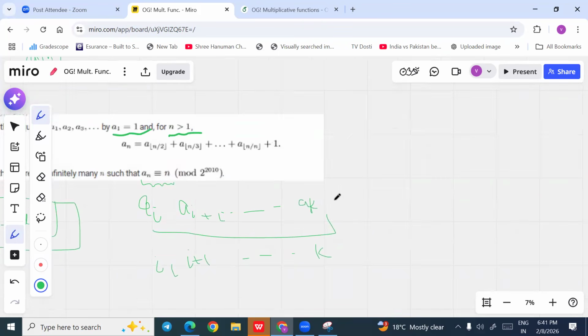Let's say the common value mod 2010 is c. So if k is large enough, then one of these indices has to be c mod 2010 as well, and these are c mod 2010 as well.